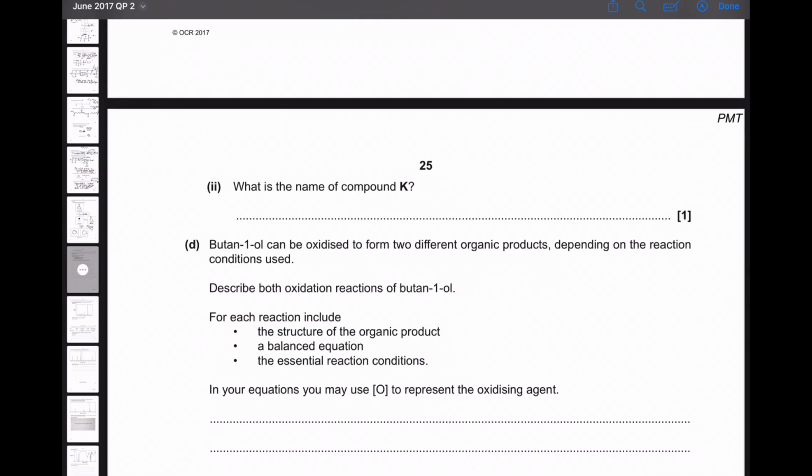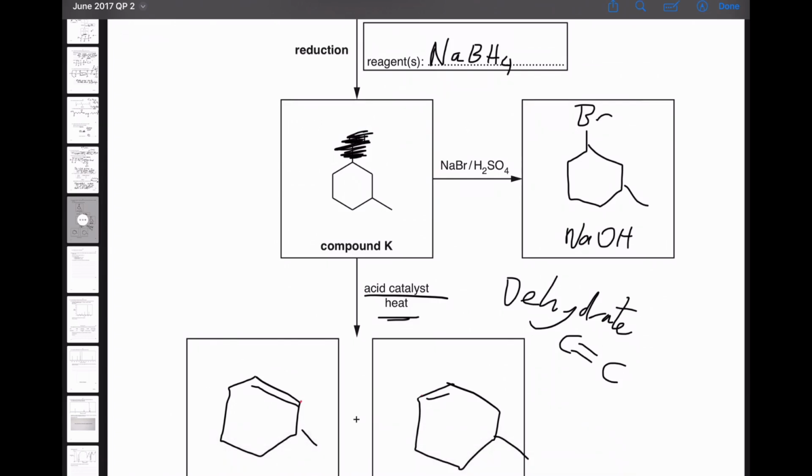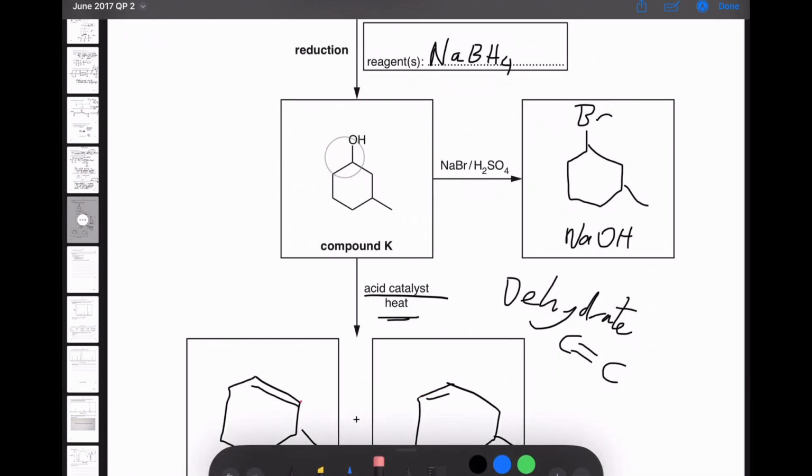What is the name of compound K? I scribbled it out, so I have to unscribble it first. So, excuse me, we've got cyclohexanol here, because our alcohol takes priority. And if the OH group is at position 1, we want to keep our locant number as low as possible.